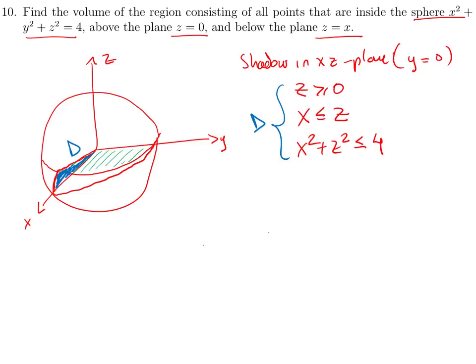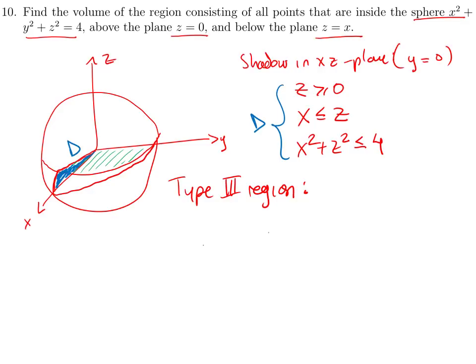And so actually we can write this region as a type 3 region, because it's sandwiched between the graphs of two functions of x and z, where x and z are allowed to lie in this domain D.